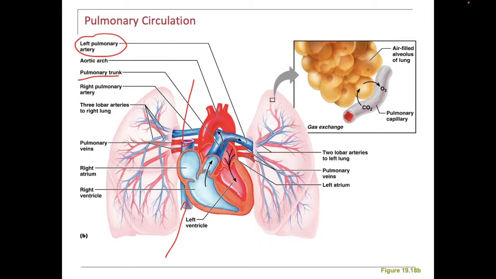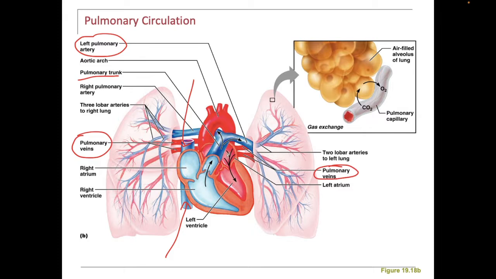And now the oxygenated blood is going to find its way into the pulmonary veins, the pulmonary veins on both left and right side. Now, this oxygenated blood goes from the lungs into the left atrium.